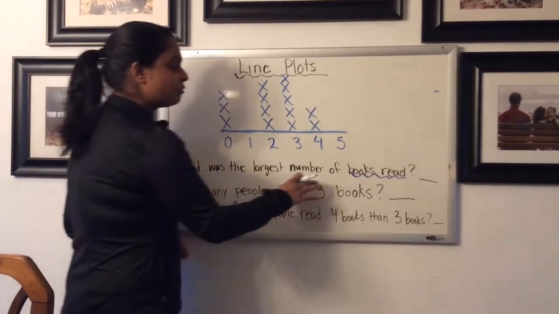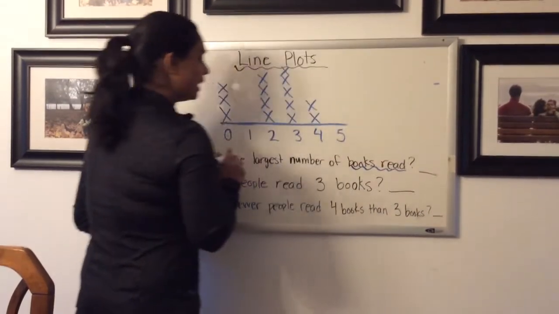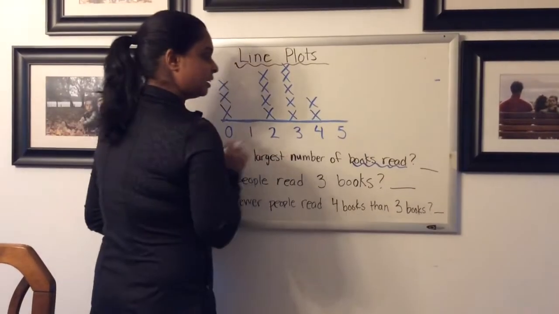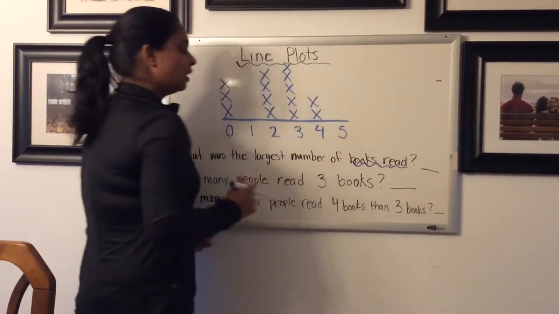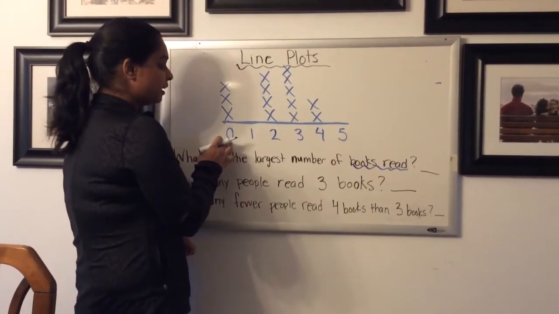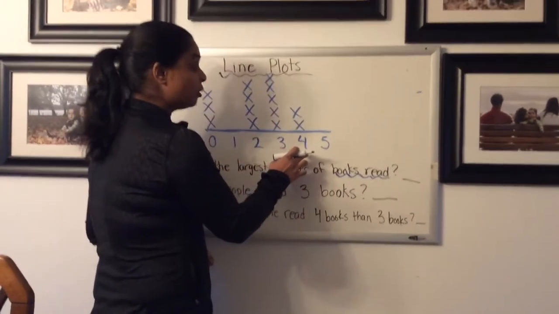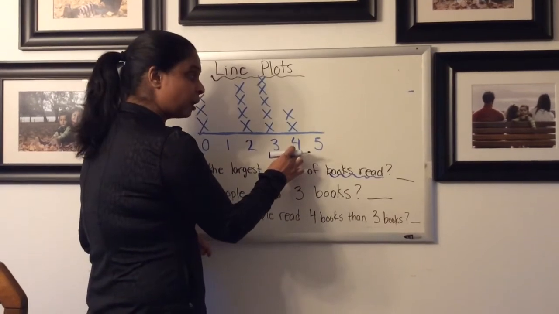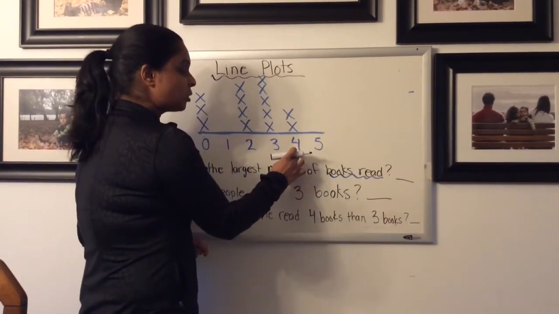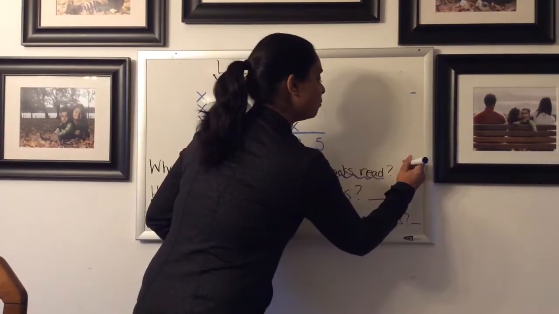So if I'm looking for the books read, okay, that's these numbers here. If I look here, then the highest number of books read would be 4, because nobody read 5. So I'm going to put 4.